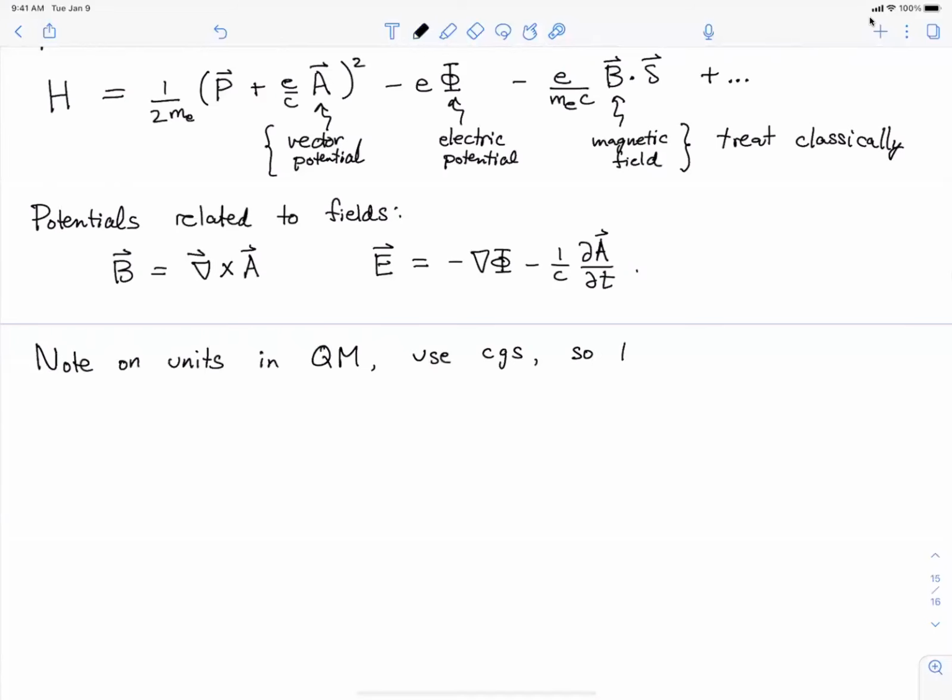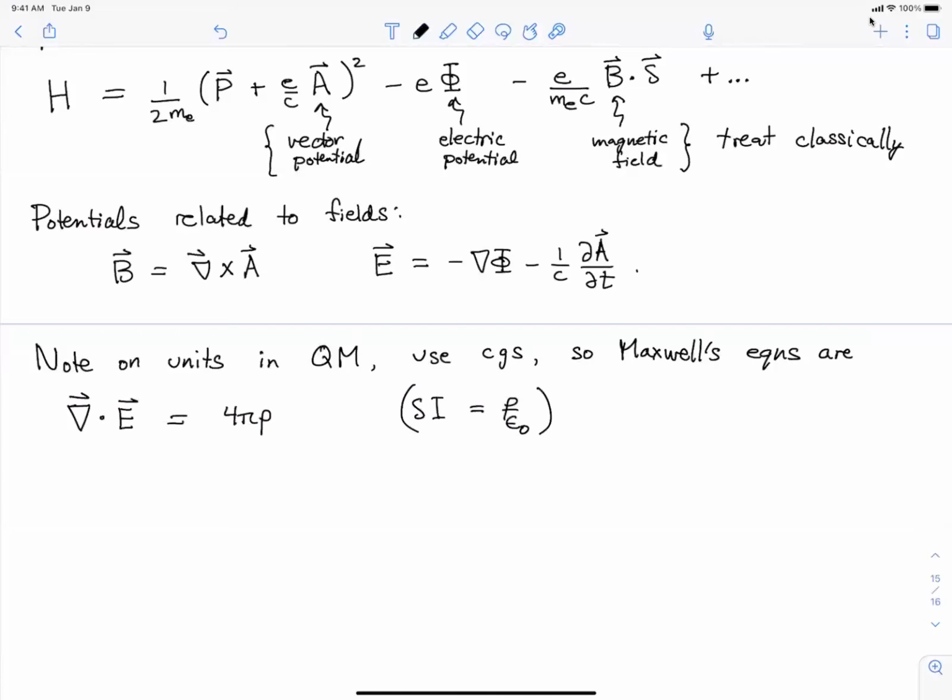And so Maxwell's equations might look a little bit different than what you're used to. The divergence of the electric field, for example, in the CGS system is 4 pi rho, where rho is the charge density. But in the SI or MKS metric system, it would have been rho over epsilon naught. In the CGS system, there's no such thing as epsilon naught. You never talk about it, which in my mind is a good thing. I don't like epsilon naught. I'd rather deal with a nice number like pi.